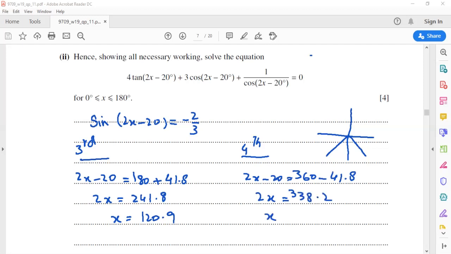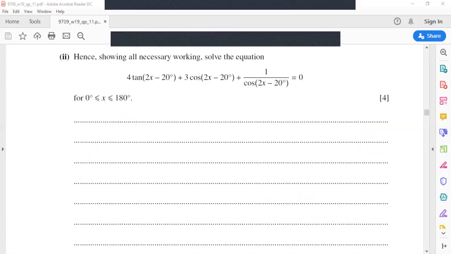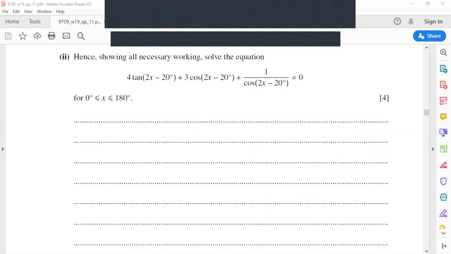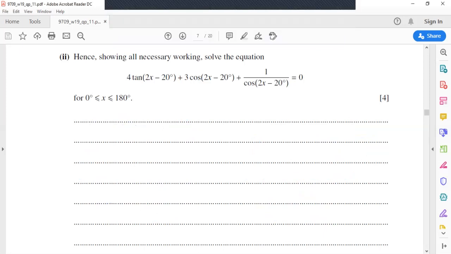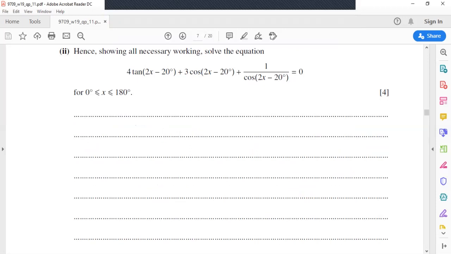If you divide it by 2, it's 169.1. So this is the solution of question number 5. Now, if we go for the next question, what do we have here?